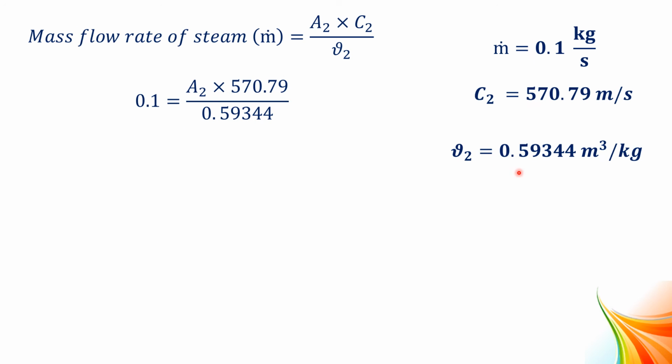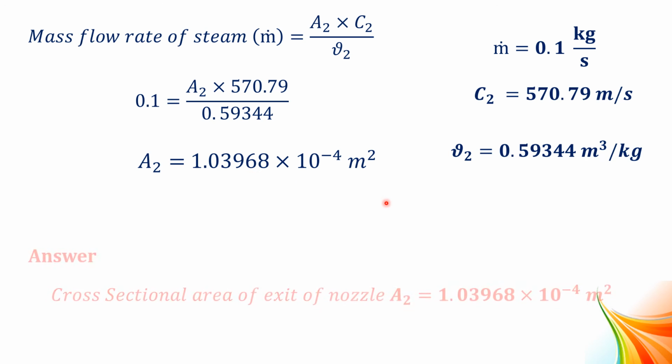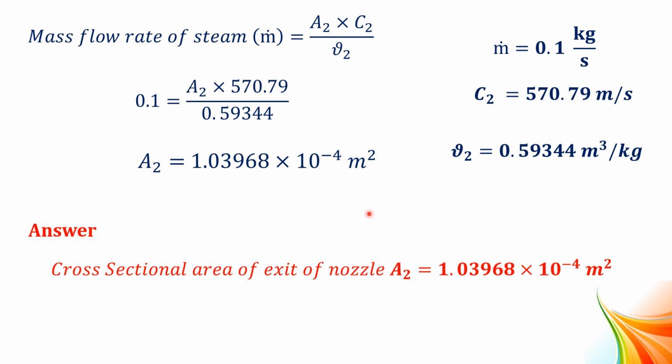Now substituting these values in the mass flow rate equation, we get A2 equal to 1.03968 into 10 to the power minus 4 meter square. So the cross-sectional area at the exit of the nozzle, A2, equals 1.03968 into 10 to the power minus 4 meter square if the flow is equilibrium throughout.